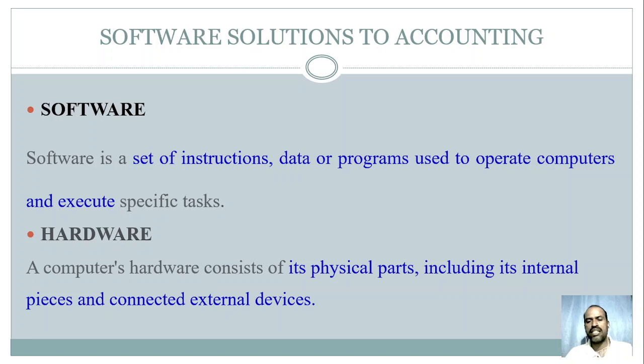The software is a program and flowchart and instructions developed by a programmer depending upon mathematical logical analysis, whereas hardware is the physical parts which are included in the computer, the central processing unit and other parts of the system, its internal pieces as well as the internal pieces connected with the external devices. These are all accessories regarding the overall system, and its functioning is called hardware.